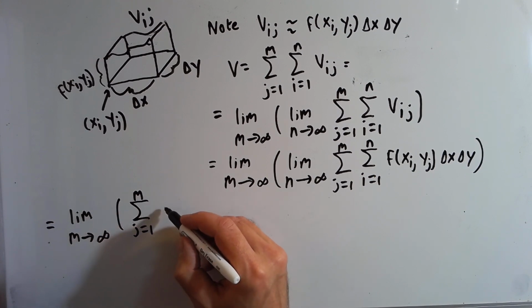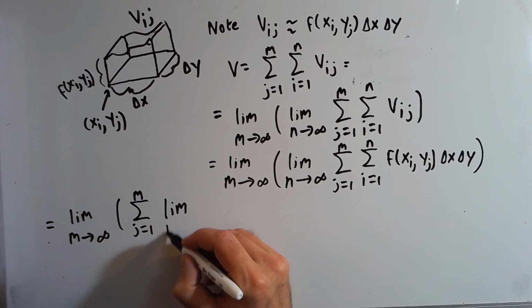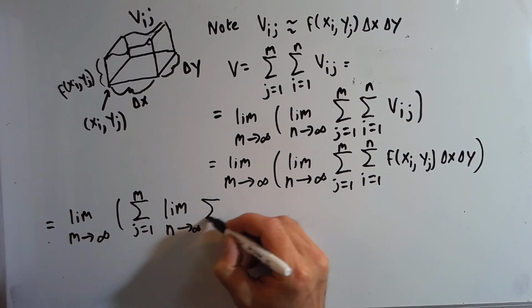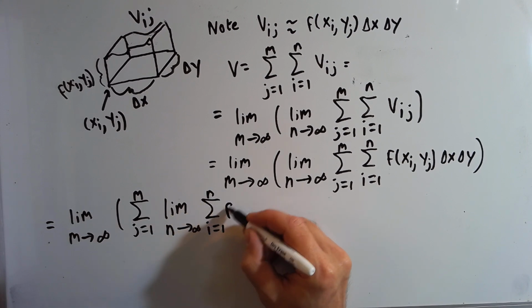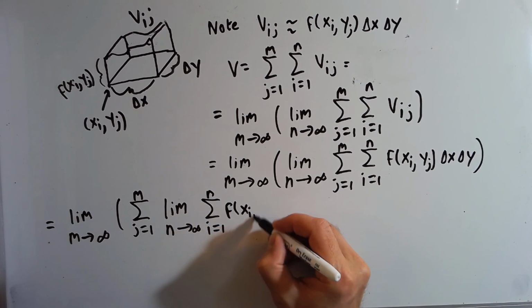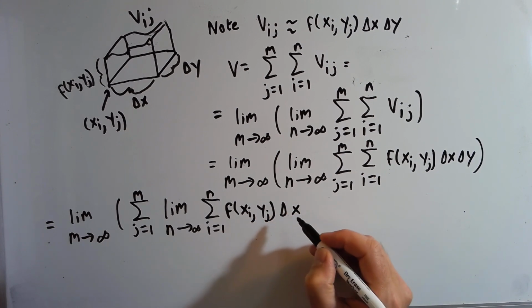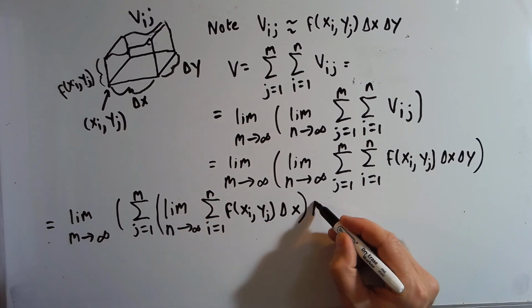Then it will be the limit, bringing the limit n inside, n goes to infinity of the summation i equals 1 to n of f(xi, yj) delta x, and let's put the delta y here.